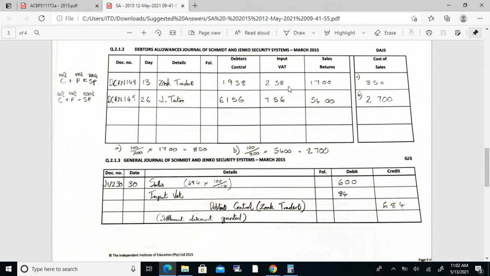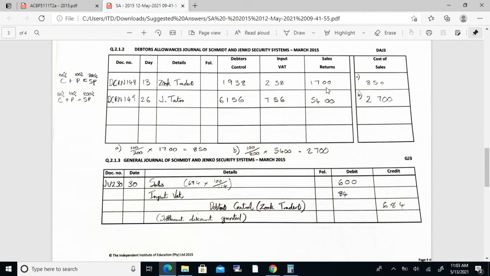Then we know, okay, we need to calculate our input VAT because now we're reversing some of the output VAT that we had when we first sold. Okay, so we calculate that. Again, I'm calculating on 14%, okay? But you guys, yours is going to be slightly higher, okay? And then finally, the difference will be the sales return or your sales amount there, okay?